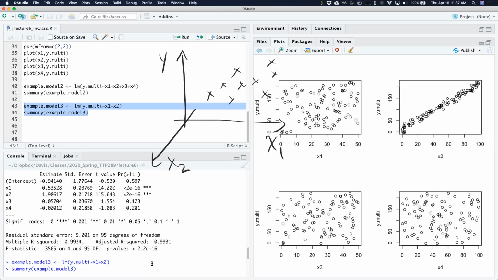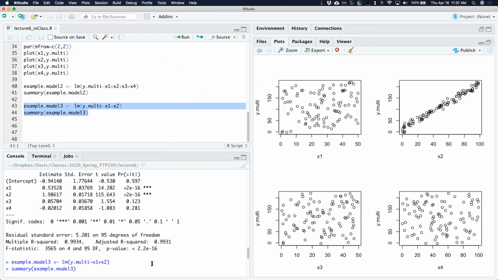And as I introduce more and more dimensions, I can explain more of the variation, even if there isn't a real relationship between the explanatory variable and your response variable, which is exactly what we're seeing here.